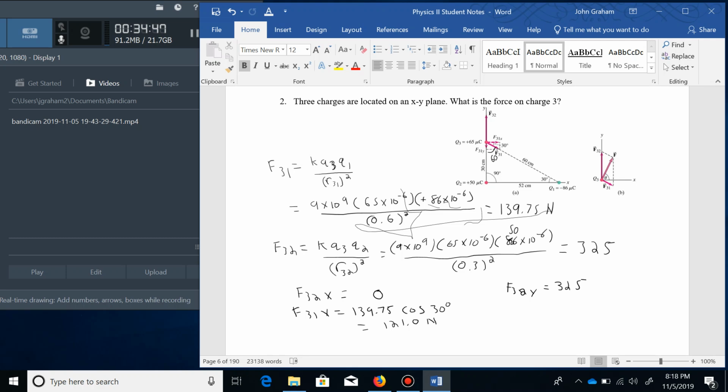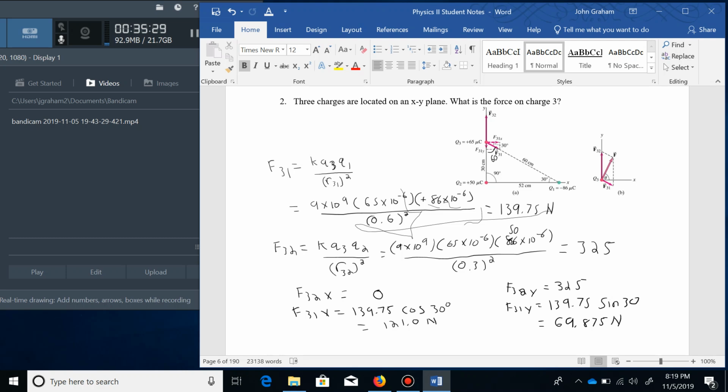And then F31Y, this is equal to 139.75 sine 30. Let me run this through my calculator. And this is going to be equal to 69.875 newtons.